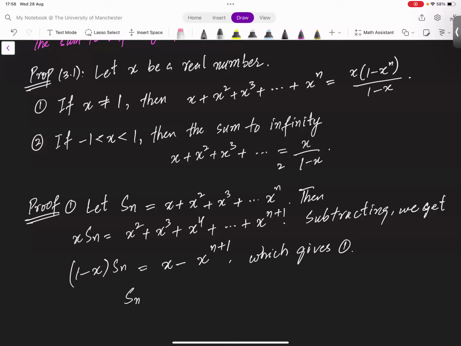Because we can write Sn is x minus x to the power n plus 1 divided by 1 minus x, or you can still write x times (1 minus x to the power n) divided by 1 minus x.